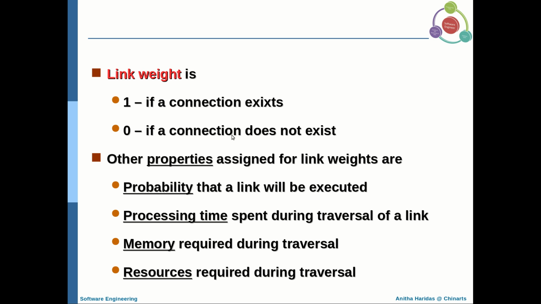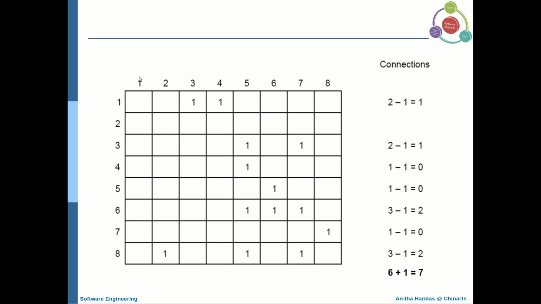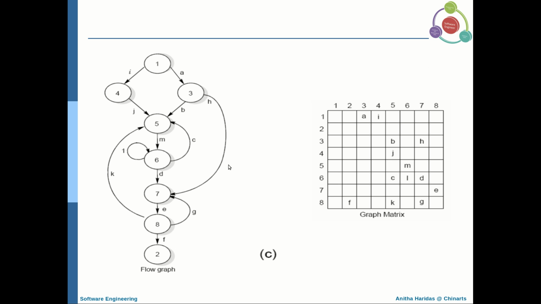If there is no connection, I assign the weight value as 0. Remember, you can have other properties assigned as link weights too. For the time being, we take 1 and 0 for when the connection exists and does not exist, respectively. So this is the connection matrix for our example graph.